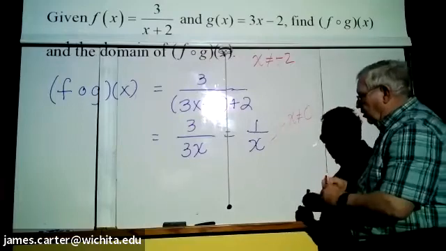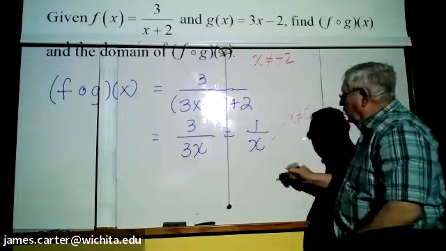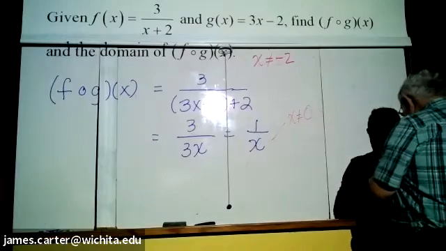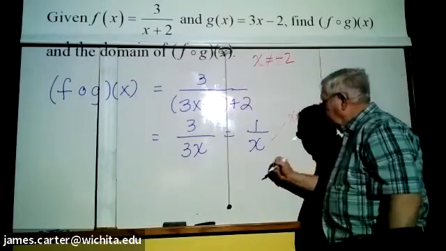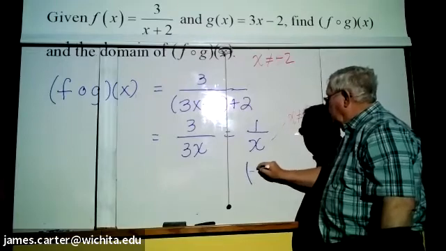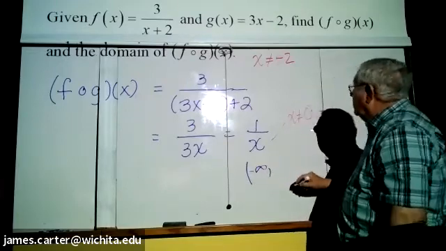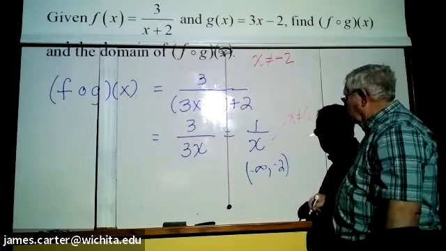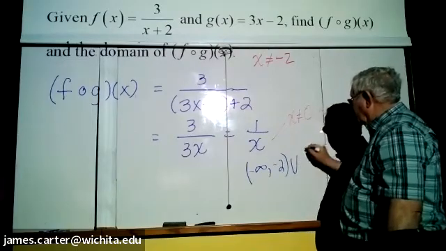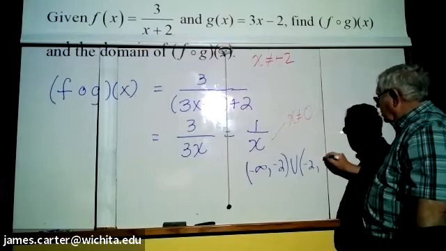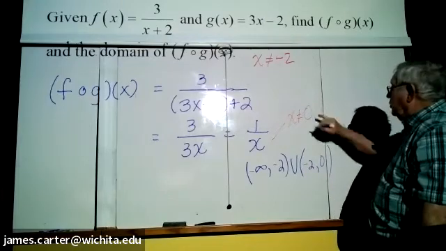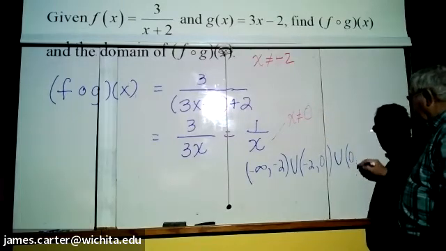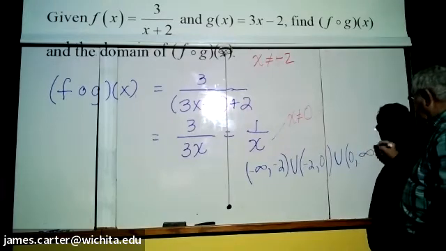What that means for us domain-wise, if we were asked to write the domain, is that it would be everything from -infinity to -2, not including -2, union with everything from -2 to 0, not including 0, union with everything from 0 to positive infinity.